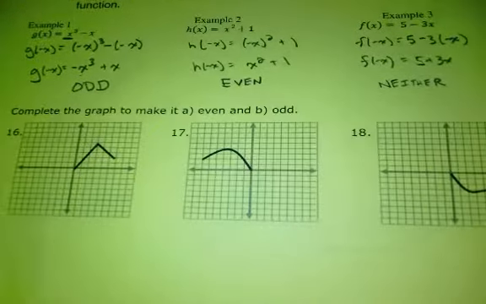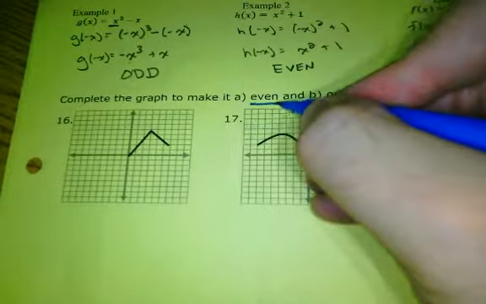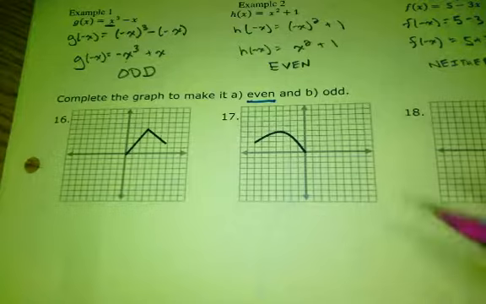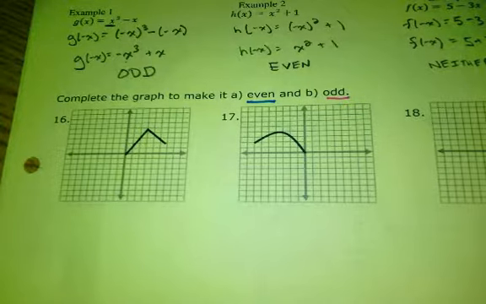Alright, last part. I'm going to have 2 different colors just so it's easier for you to see. I'll do even in blue, and I'll do odd in maroon. Okay, so for number 16, how do I make it even?